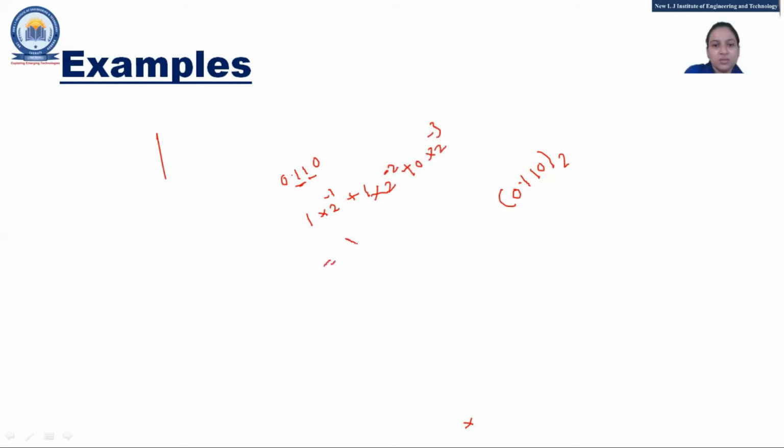So this is 1 by 2, that is 0.5, plus 1 by 4, that is 0.25. So 0.25 plus 0.5, we get 0.75 here.